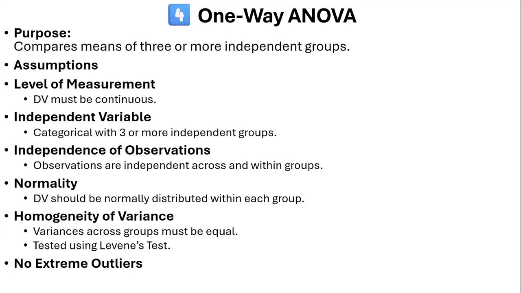Now, who can tell me the difference between one-way ANOVA and the independent t-test, even though I have explained it in my presentation? Can someone tell me the difference between independent t-test and one-way ANOVA? Who wants to try?